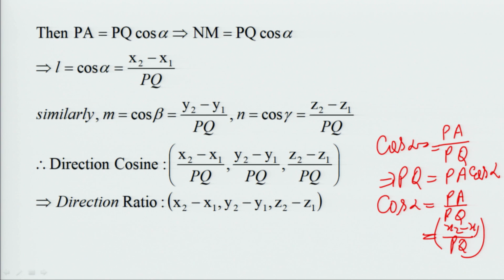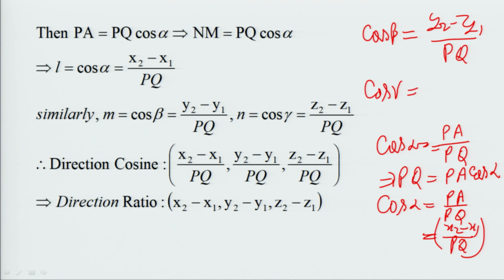Similarly, along y axis cos beta is y2 minus y1 upon PQ and cos gamma is z2 minus z1 upon PQ.